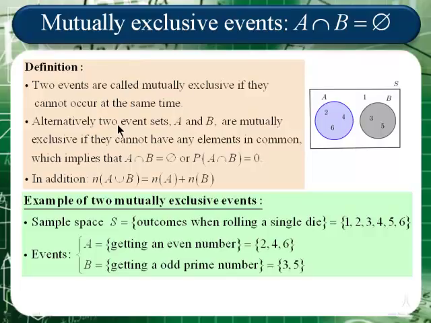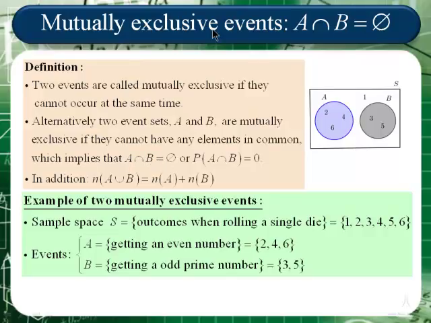Alternatively, two event sets, because remember an event is nothing but a subset of the sample space, are mutually exclusive if they cannot have any elements in common, like in these two events, which implies in turn that the intersection between the two events must be the empty set.